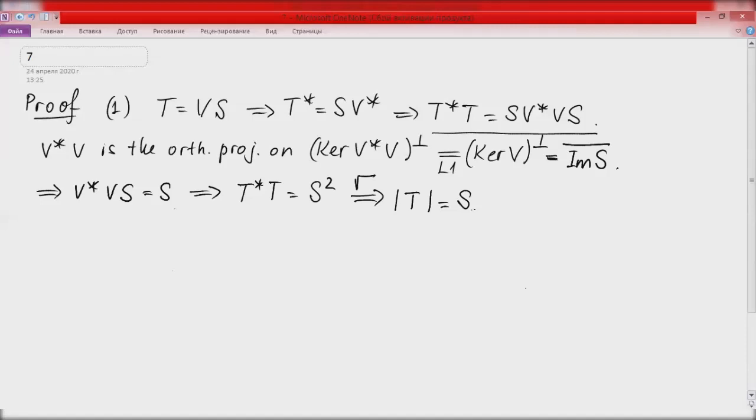We observe that T can be written in this way, and also in this way, because we already know that S equals the modulus of T. So this implies that U and V are the same on the image of the modulus of T, and hence they are the same on the closure of this image.